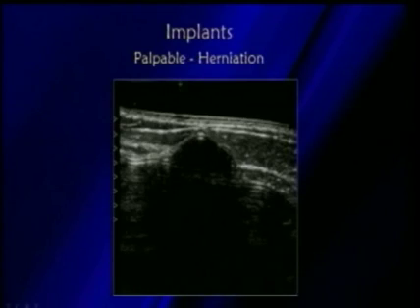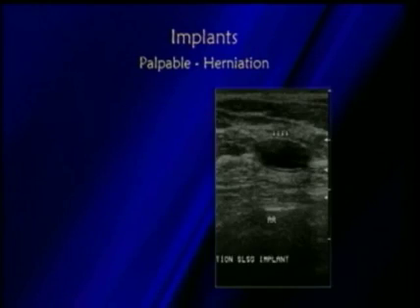Patients can actually herniate through the capsule. Once again, this is a patient that presented with a palpable abnormality. They had an intracapsular rupture. This is the actual capsule coming across, and you can see this herniation of the implant through that. So you may actually have herniation right through the capsule and not only through the shell.